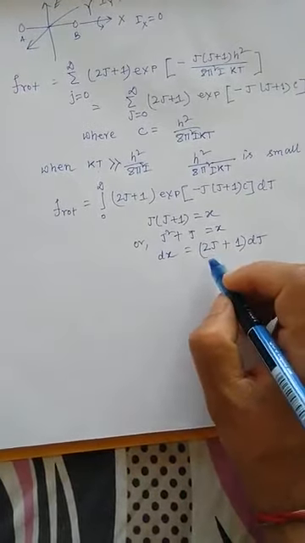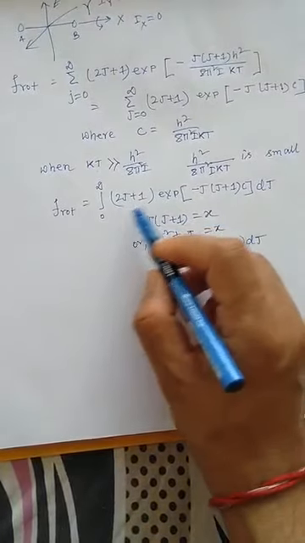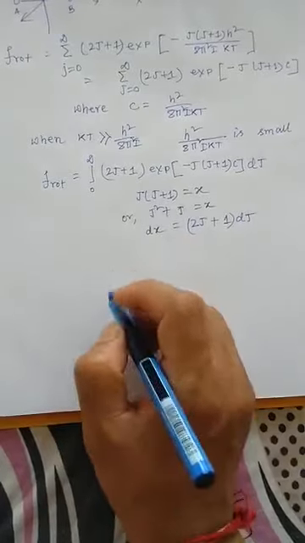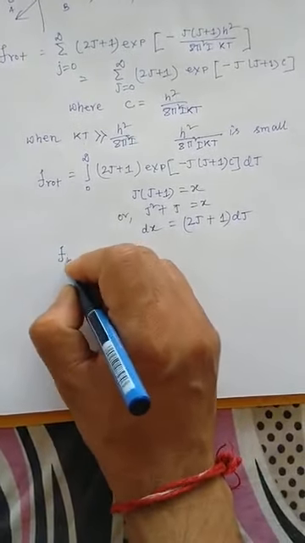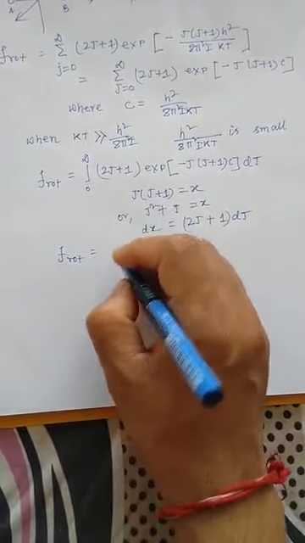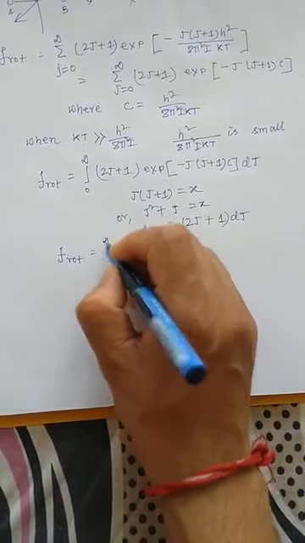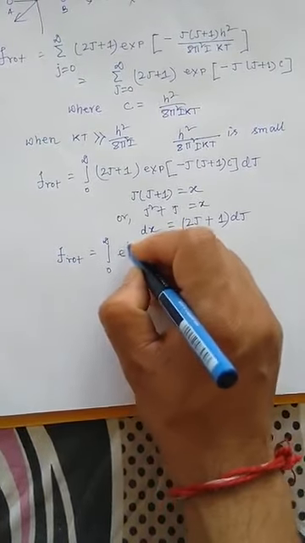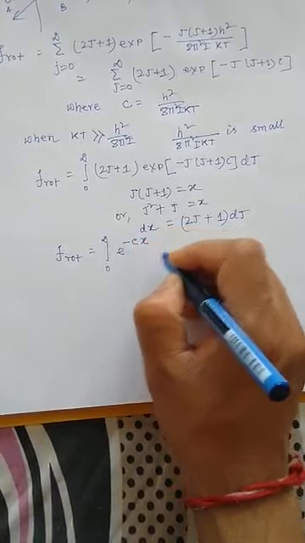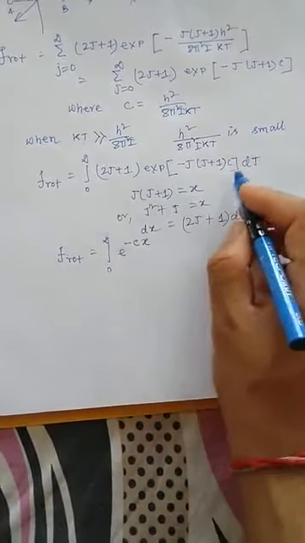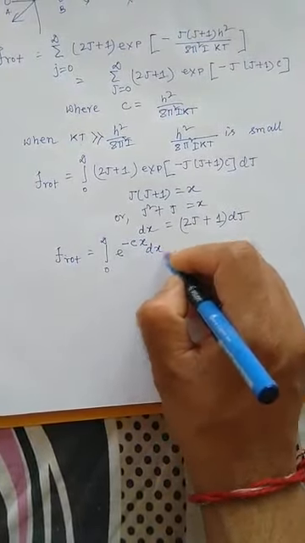So I have got the new term (2j plus 1) dj. That means I can modify this expression: f rotational, the rotational partition function, equals the integral from 0 to infinity of e to the power minus c x, and in place of (2j plus 1) dj I can place dx.